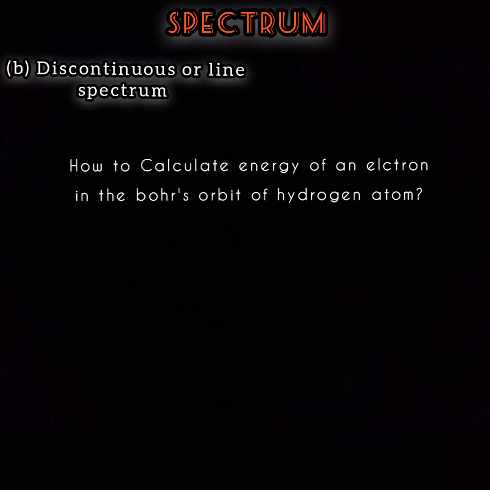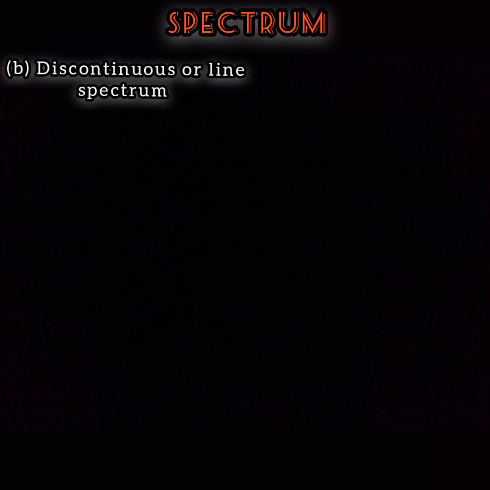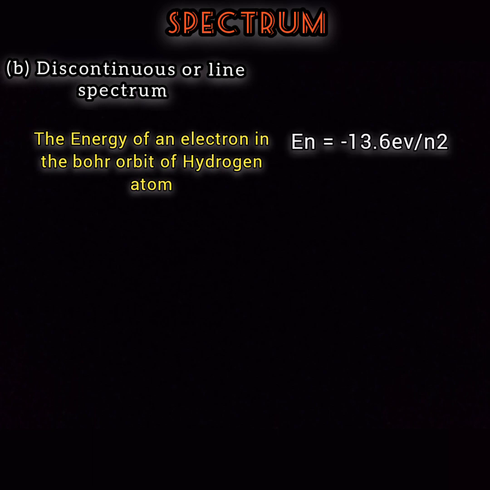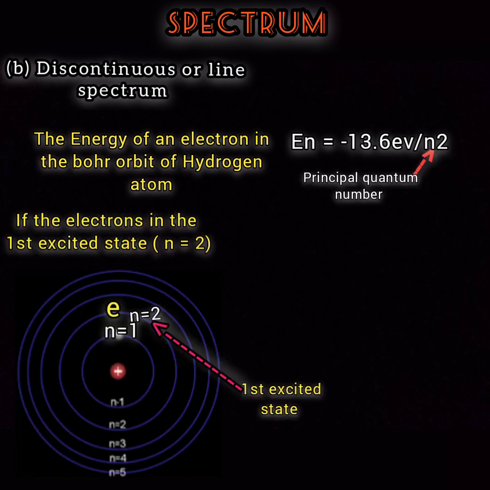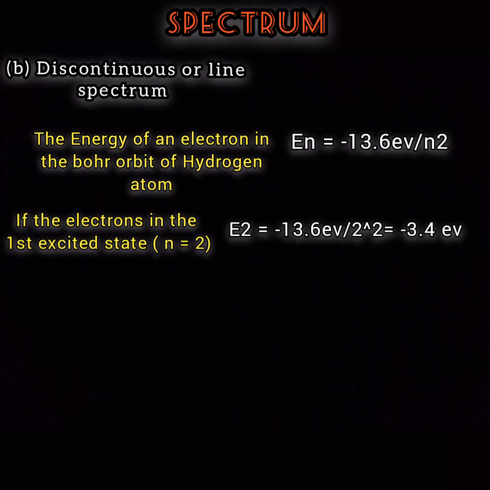How to calculate the energy of an electron in the Bohr orbit of the hydrogen atom? The energy En equals minus 13.6 electron volt divided by n squared, where n is the principal quantum number. If the electron is present in the first excited state, that is n equal to 2, then the value is minus 3.4 electron volt.